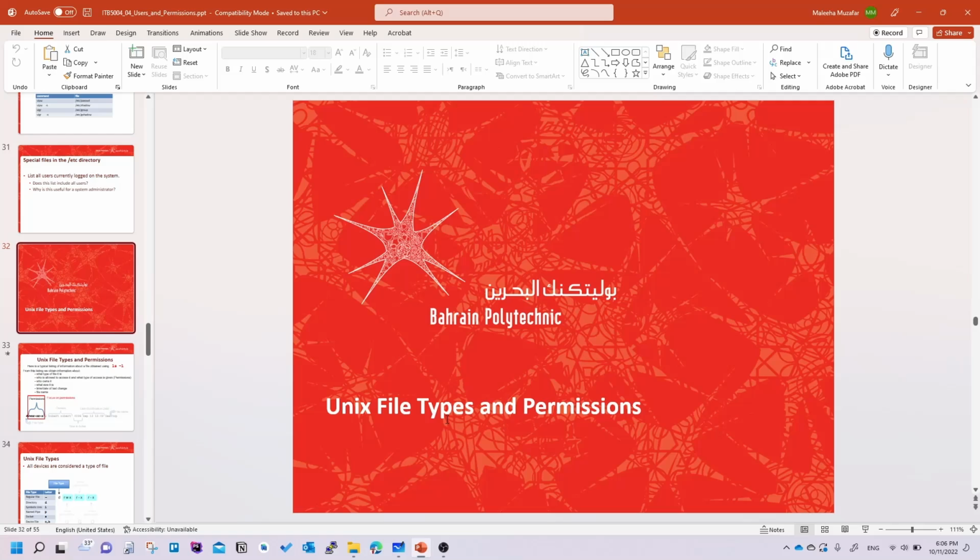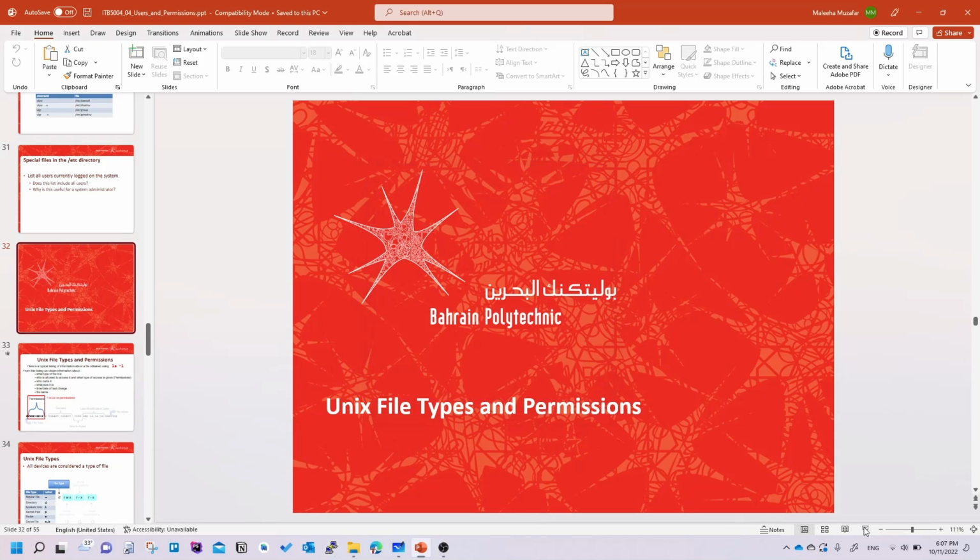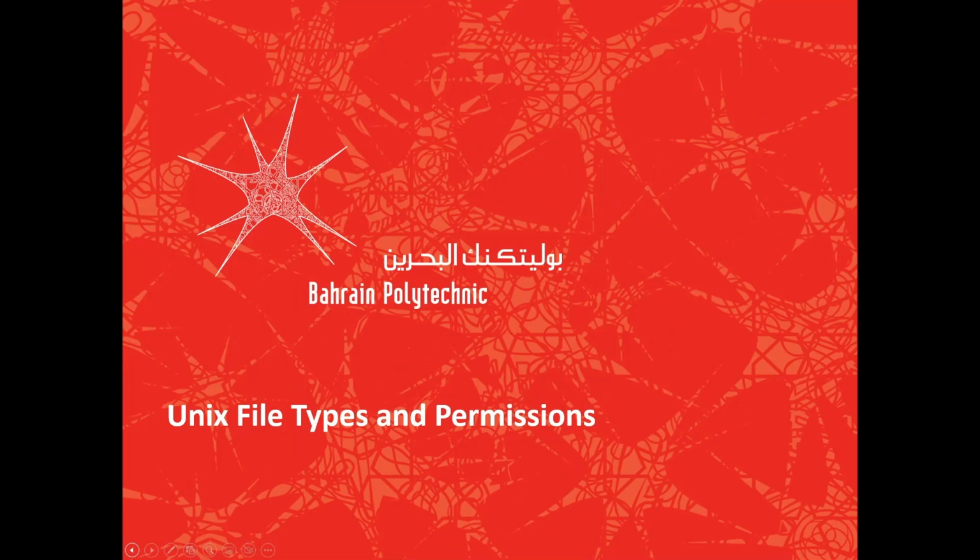We will look at the different file types and the permissions that are associated with files. I think it's best if I show it in, actually no need, let's just use the presentation.